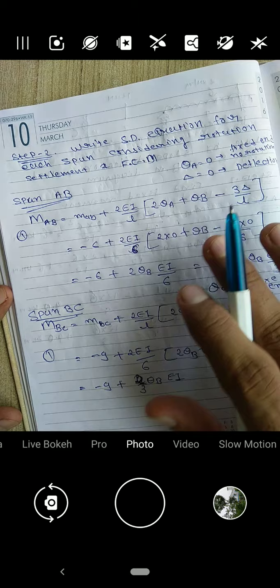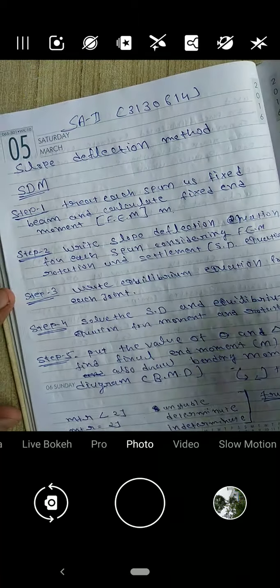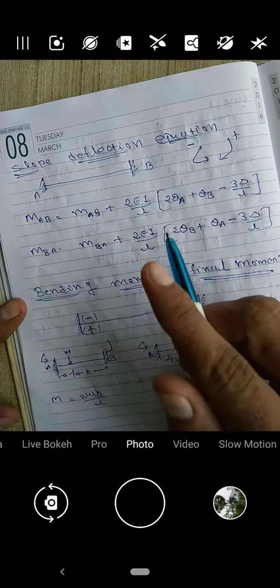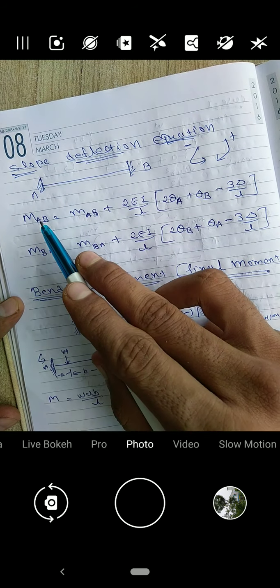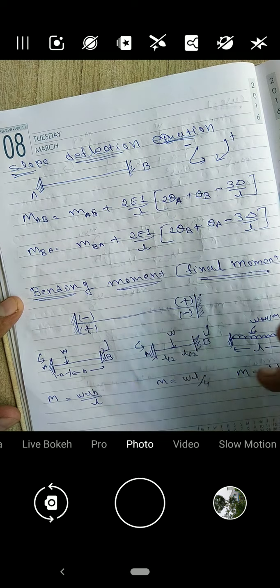So the slope deflection equation we already discussed. This is the slope deflection equation for MAB and MBA. So first AB, then 2 theta A we put here.